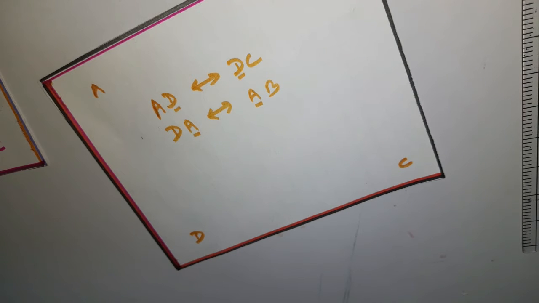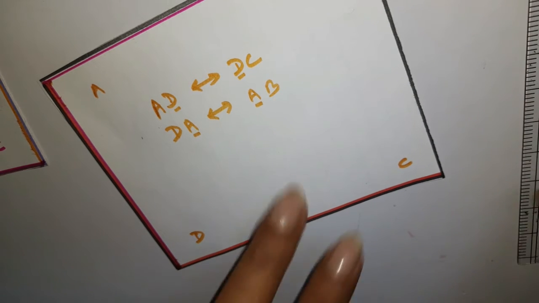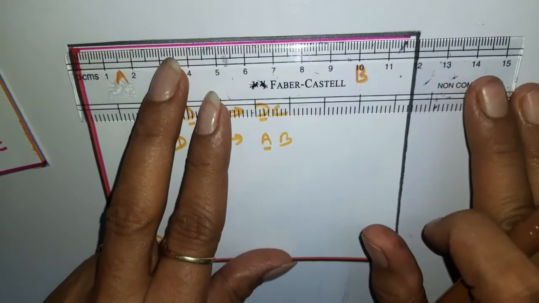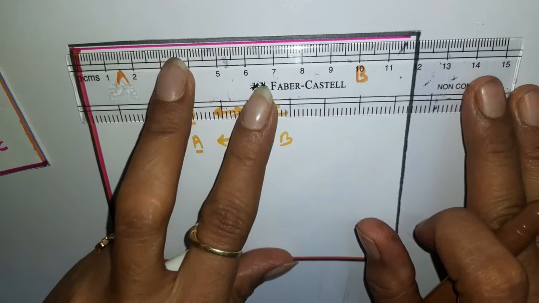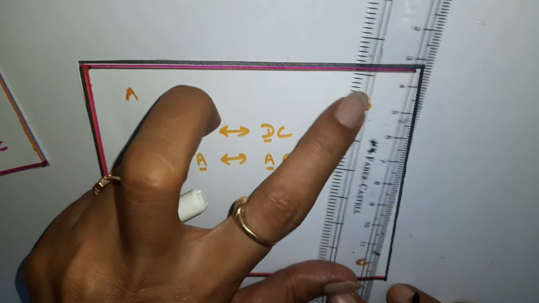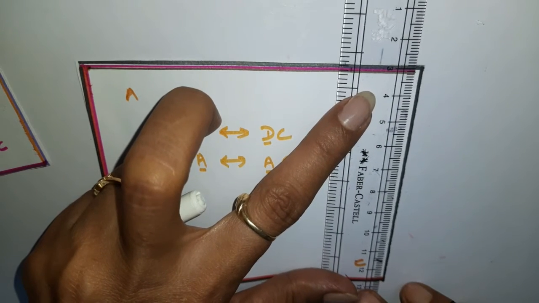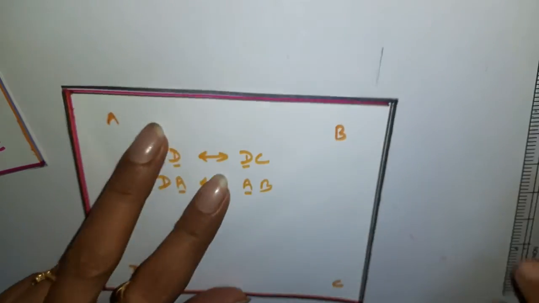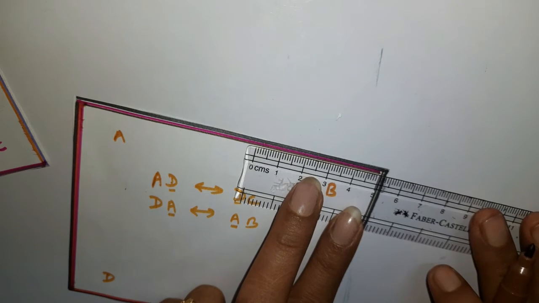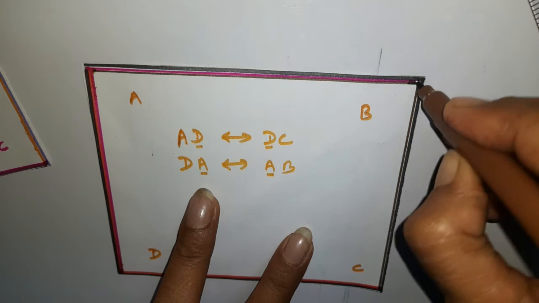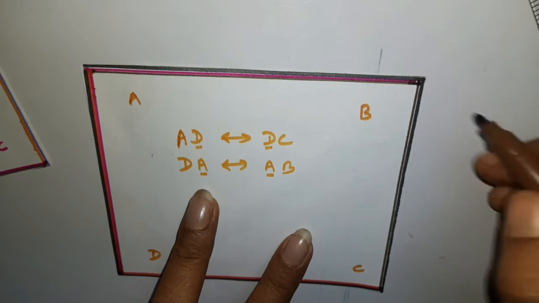Let me bring another color for you. Say here, if you are having this side, this brown color, and again here also this brown color. You can see here this point is shared between these two.